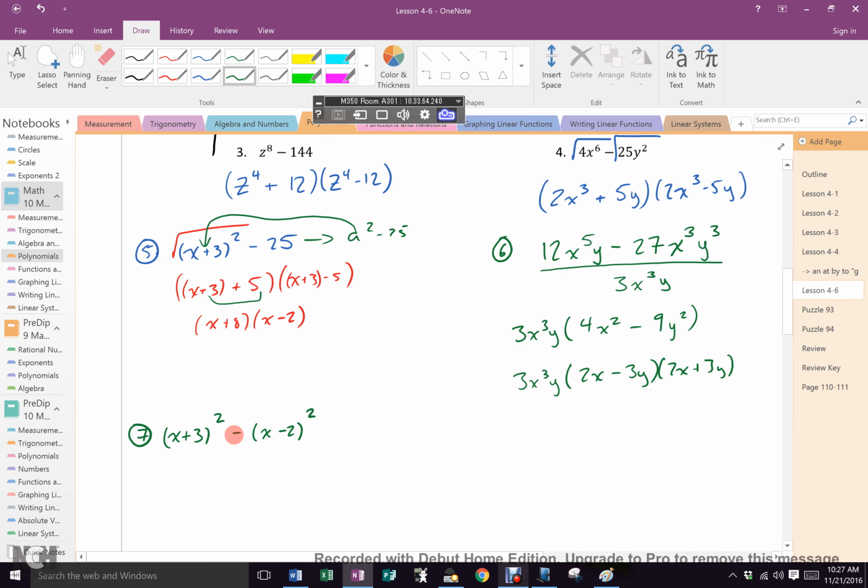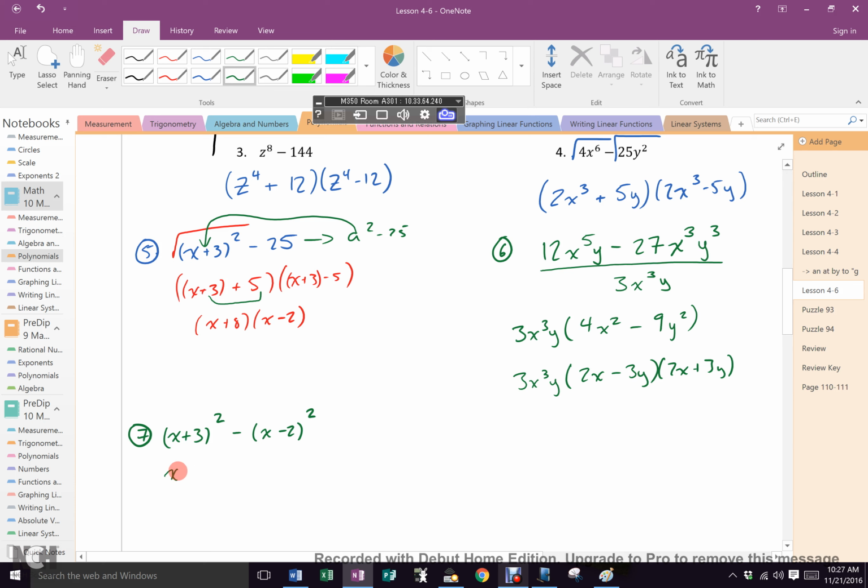Is it squared minus squared? Yes. Does this have a square root? Sure it does. What is it? We just did it right here in number 5. What's the square root of that?